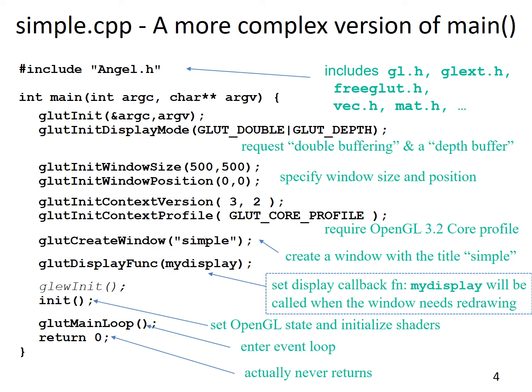We call our initialization function here, which we have written in our simple.cpp, and finally we enter an infinite event loop using the glutMainLoop command. We also add return 0, which actually never returns because this is where the program goes into an infinite loop.